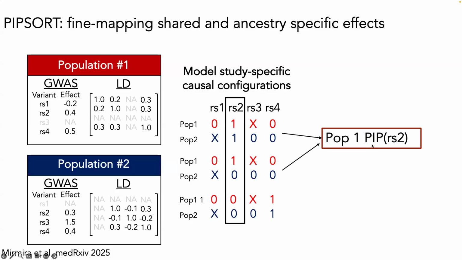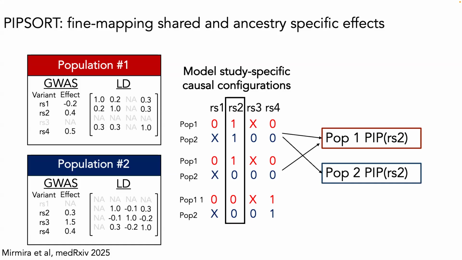So if I want to know the probability that this particular variant is causal in population 1, I can add up the contribution of the configurations where I had a 1 for that variant for population 1, and so on to get a posterior probability that's specific for population 2. So instead of having one probability of causality across everybody, we now have a probability for population 1 and a separate probability for population 2.